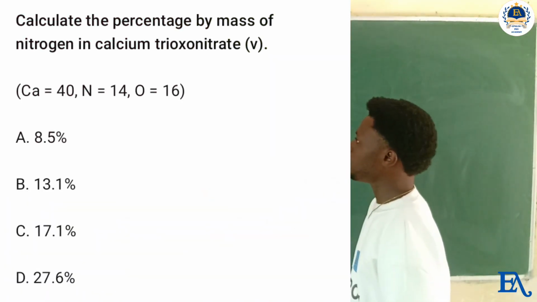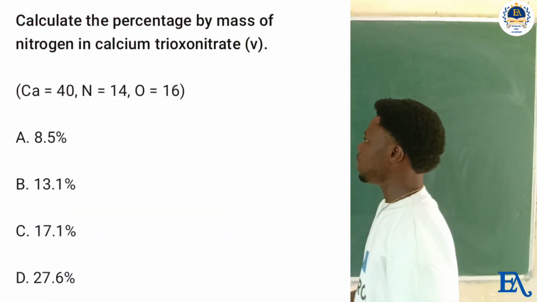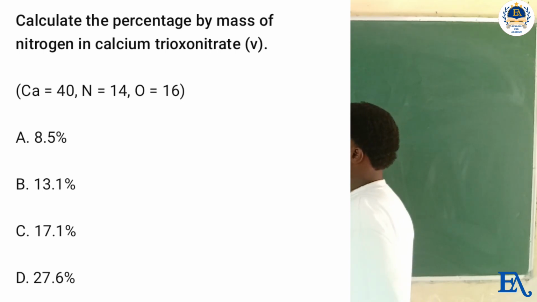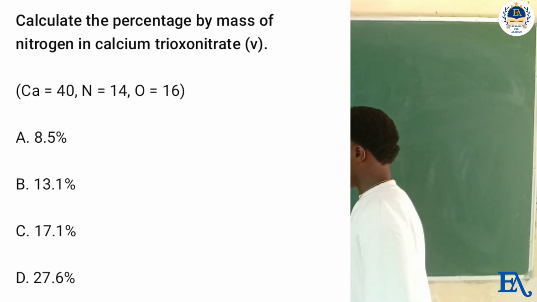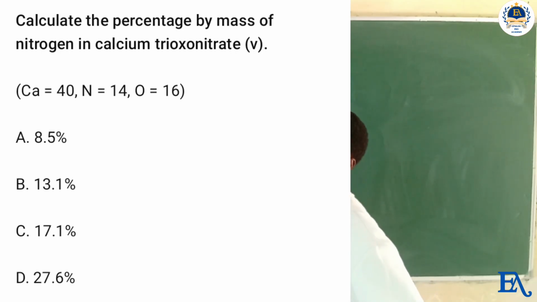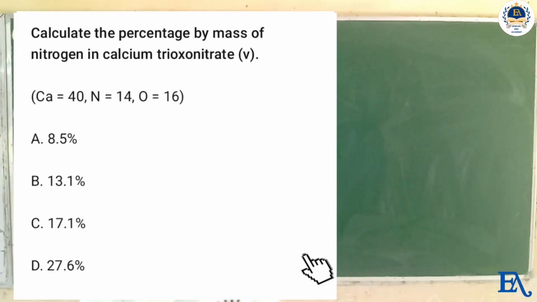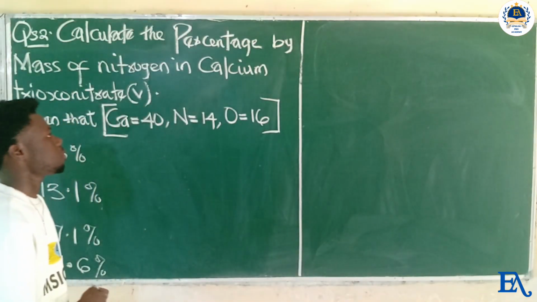Calculate the percentage by mass of nitrogen in calcium trioxonitrate(V), given that the mass of calcium is 40, that of nitrogen is 14, and oxygen is 16. And here are the respective options. So let's go to the board.